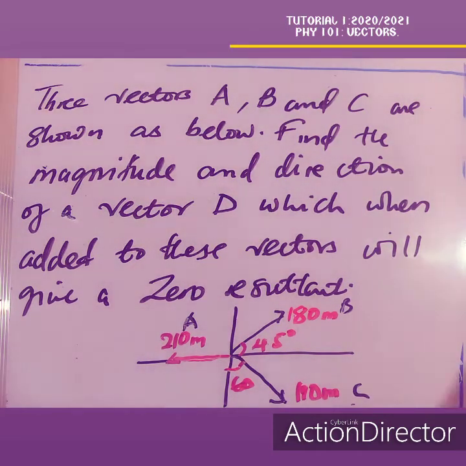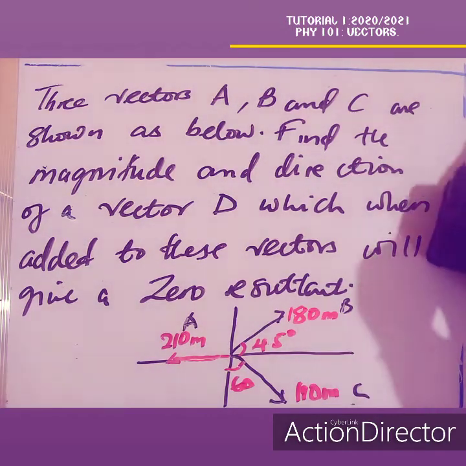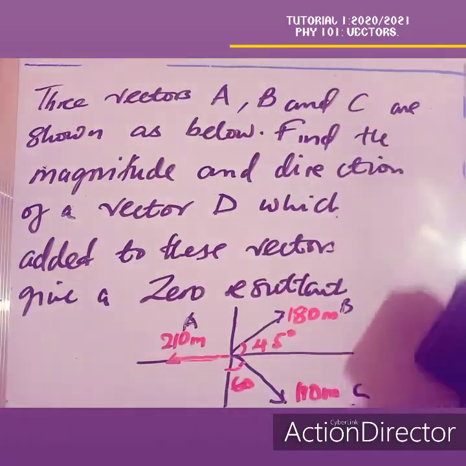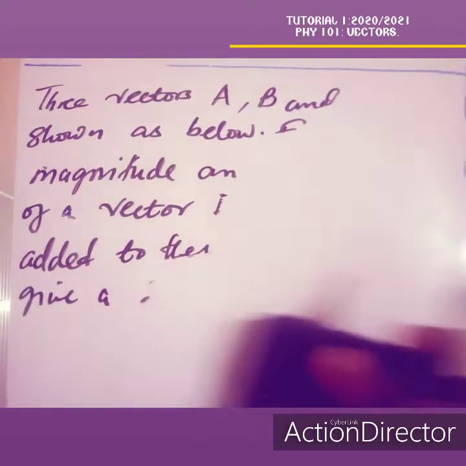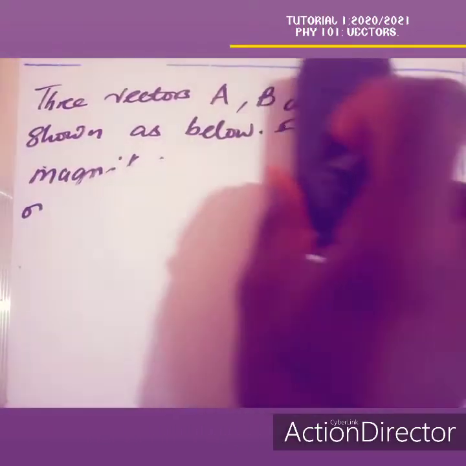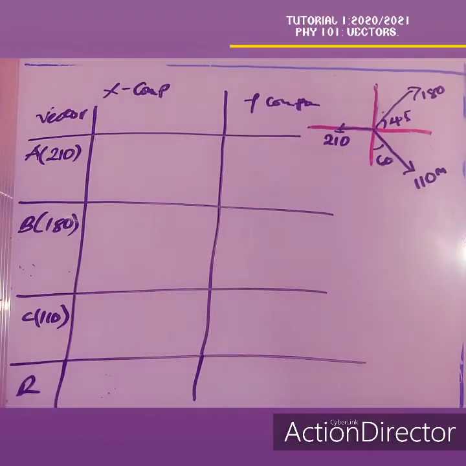So what we do is simple and straightforward. We just use the component resolving approach. Let's quickly do this one. Like we did in the previous question, we resolve into components.